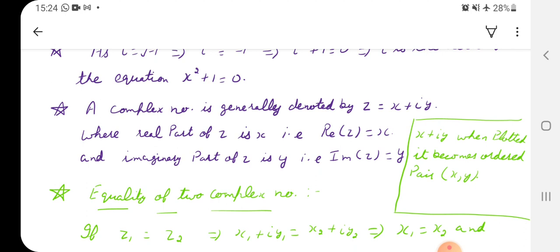The real part of z is x and it can be written as Re(z), which is now a function, meaning the domain is complex numbers and the real function tells us the real part of that complex number, right? So the real part of z is what now? x, and the imaginary part of z is y, right? The imaginary part of z is equal to y.